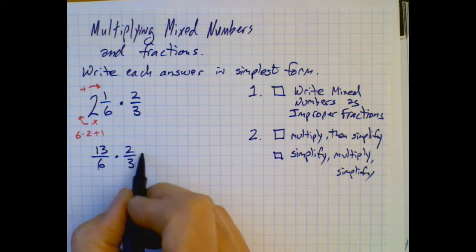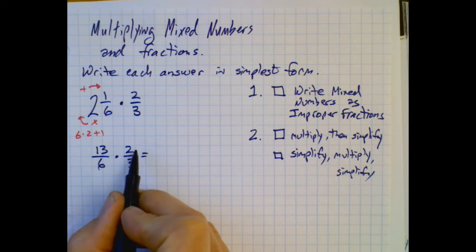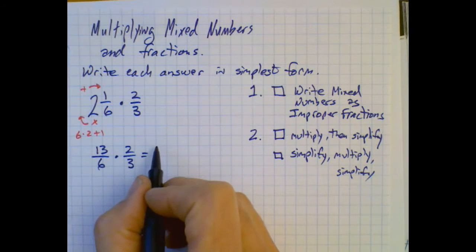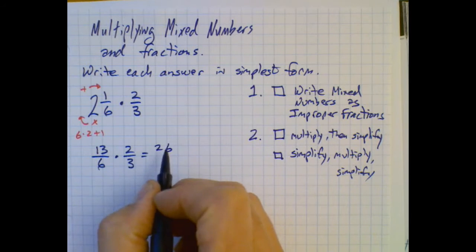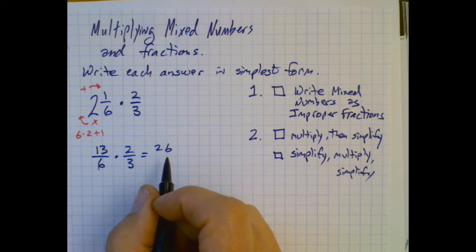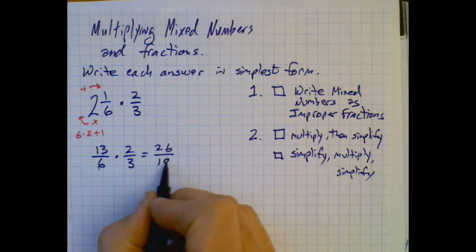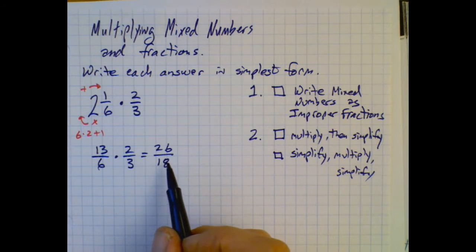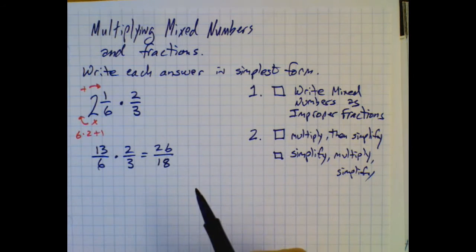Now I multiply straight across. So I have 13 times 2 is 26. 6 times 3 is 18. Now, from here, I need to simplify it because I've got an answer here, but it is not in simplest form.